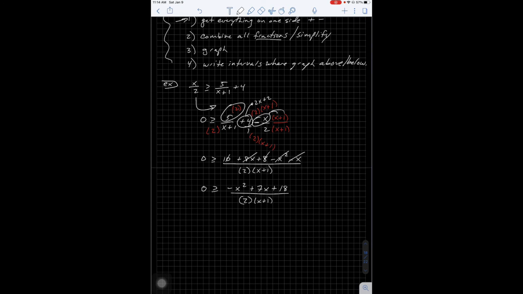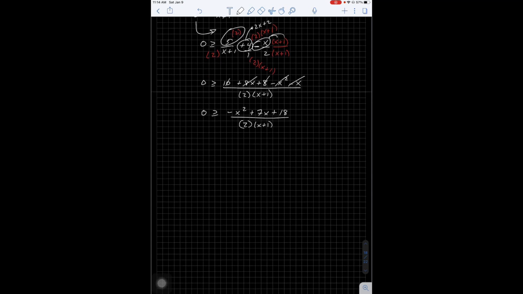All right, now I'm ready to go, and I want to graph this thing. So I'm going to find my x-intercepts first. My x-intercepts are found by setting my numerator equal to 0. Personal preference, I don't like factoring things that have a minus sign in front of the x squared.